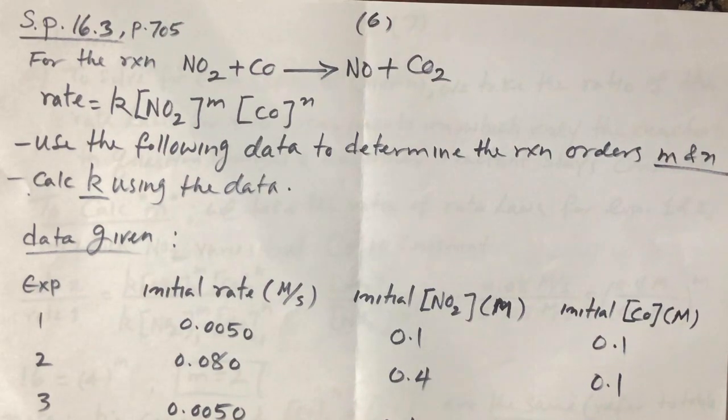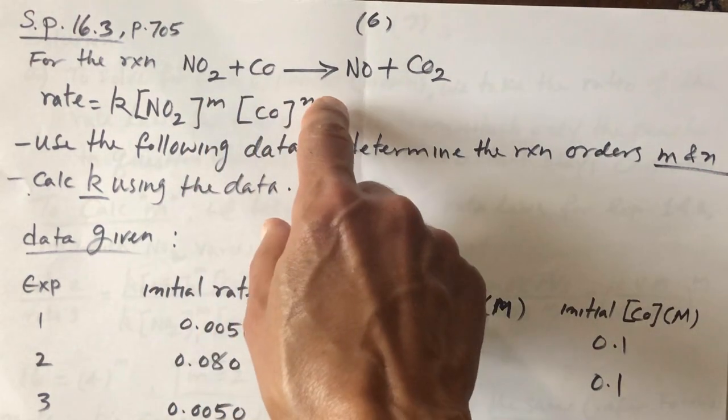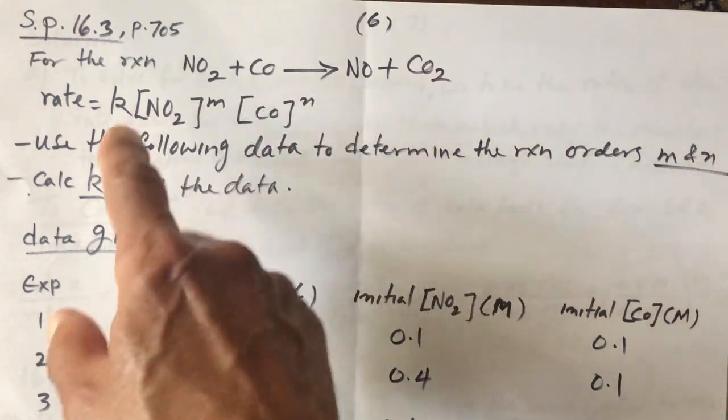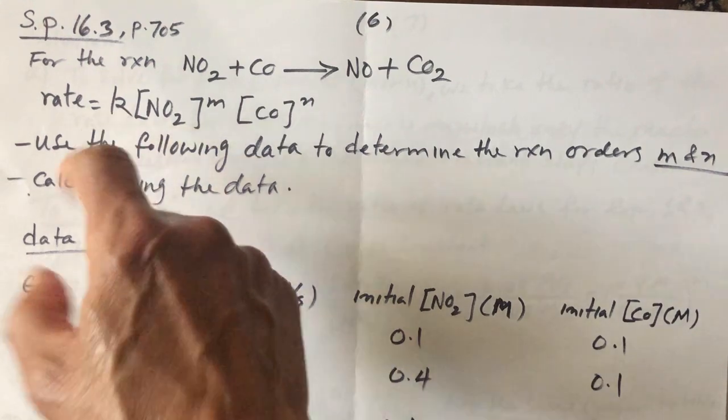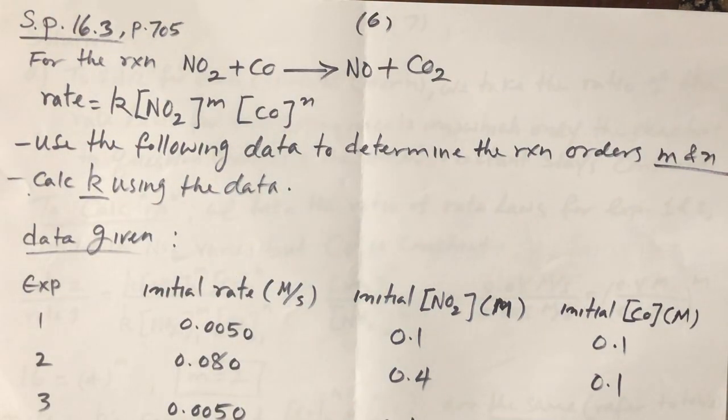We are here trying to find the exponents M and N for this reaction and also k. So there are 3 components we need to find. We need to find the order of the reaction with respect to nitrogen dioxide, NO2, and also the order of reaction with respect to carbon monoxide, CO.